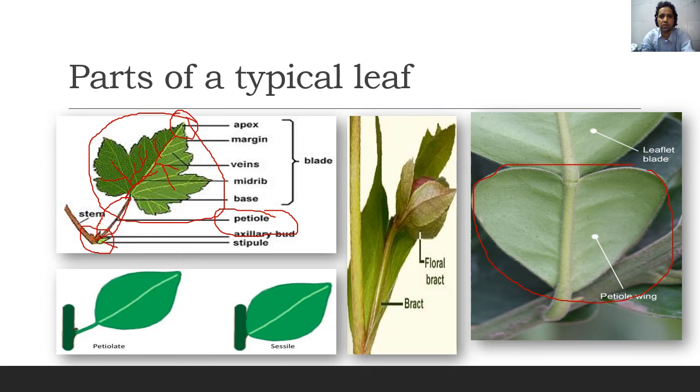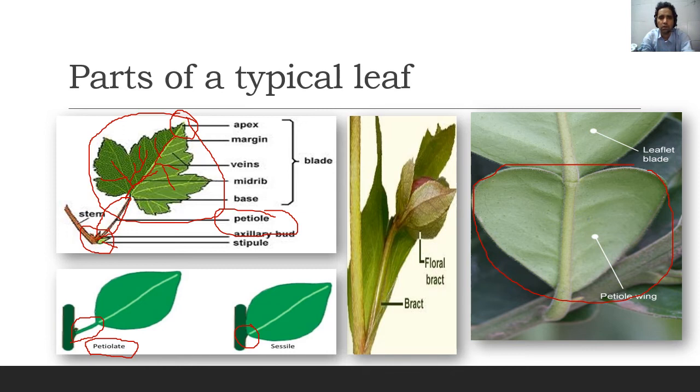In some cases, here you can see these two leaves. When the stalk of the leaf is present, such a leaf is called a petiolate leaf. And if the leaf is directly attached with the stem, this is called a sessile leaf.